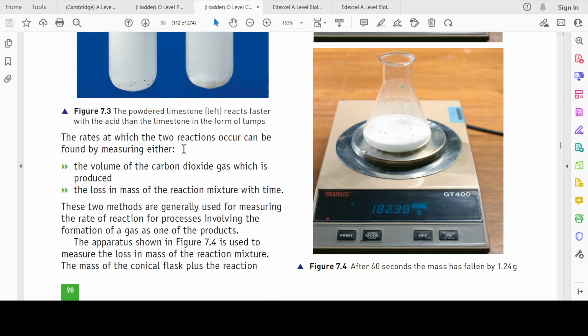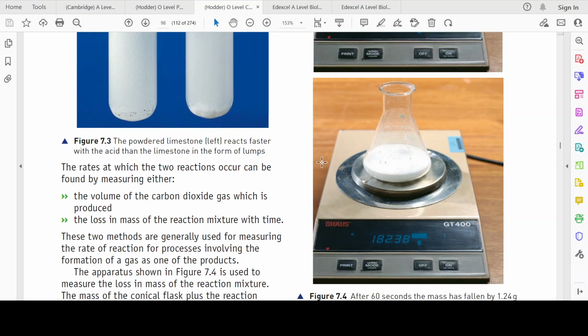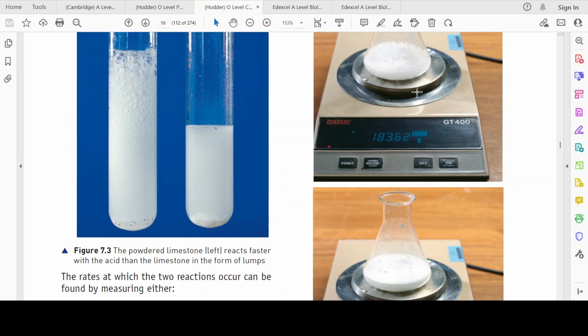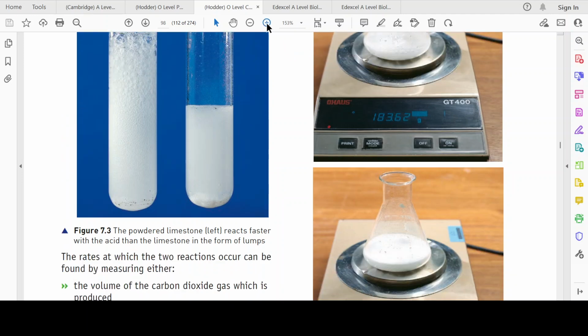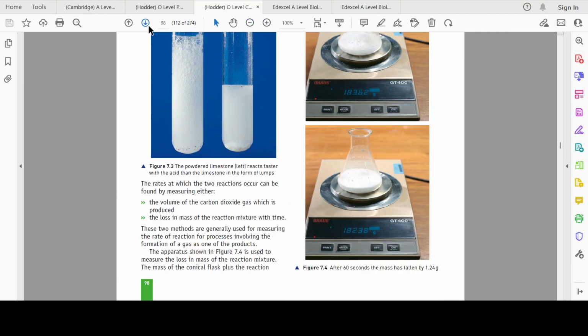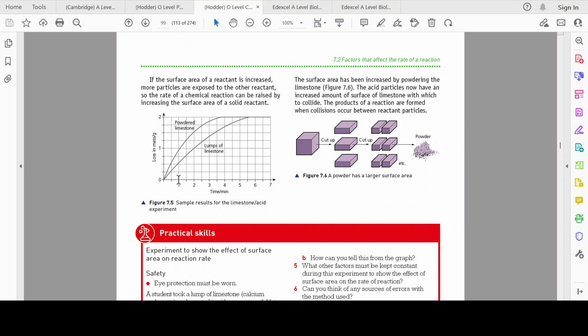So there are two ways that the rate of reaction can be measured. I'll just show that to you. You can see the measuring scale over here, and you can also see what happens eventually.